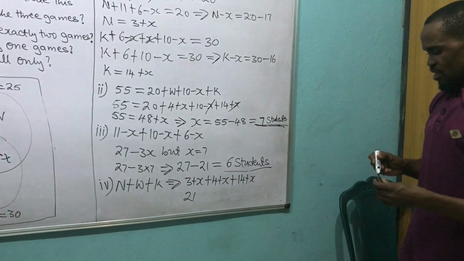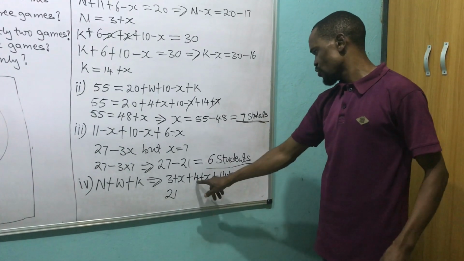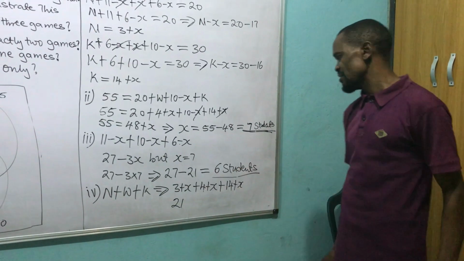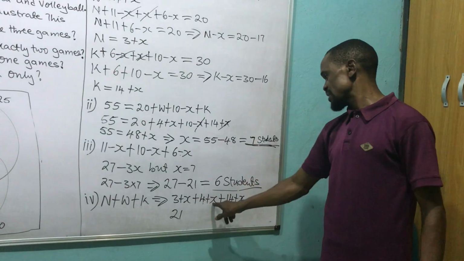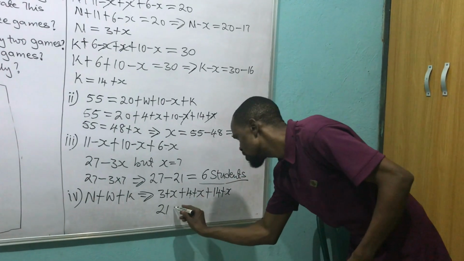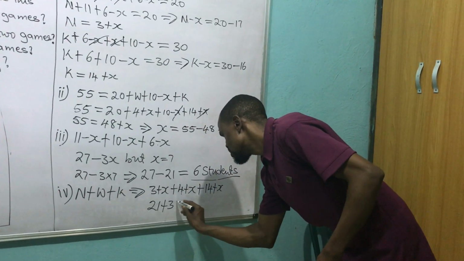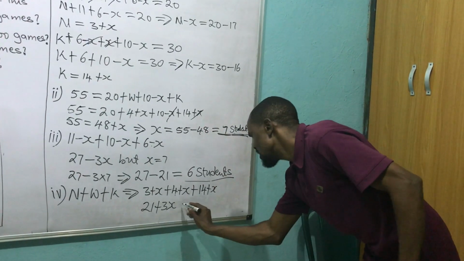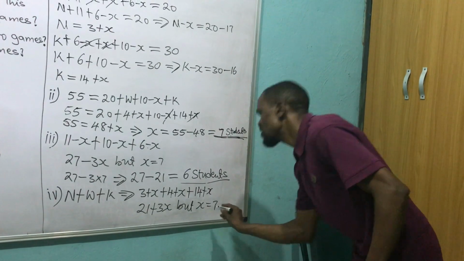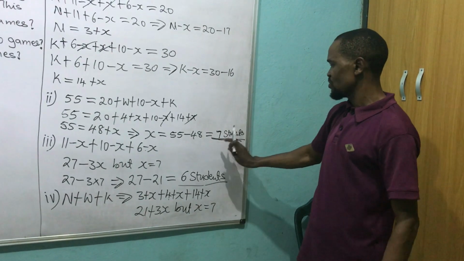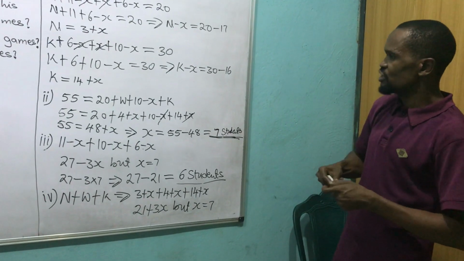Are you getting what I'm saying? 14 plus 4 is 18, plus 3 gives me 21. x plus x plus x gives me plus 3x. And I have calculated x to be 7.